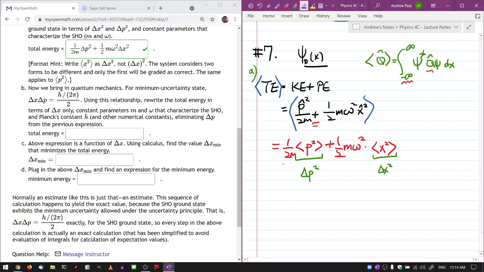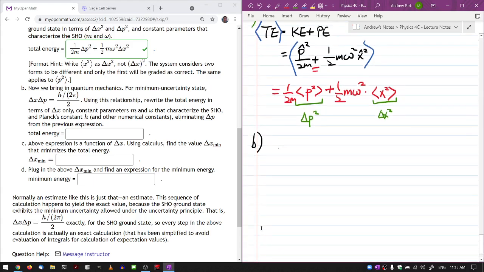So in part B, let me first copy down the result from A above, which is that my total energy can be expressed in terms of these uncertainties: 1/2 m delta p squared plus 1/2 m omega squared delta x squared.